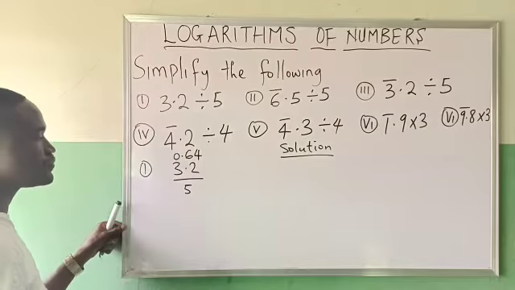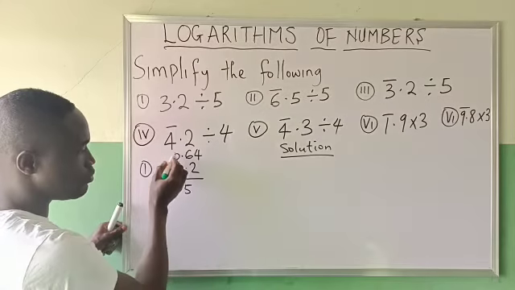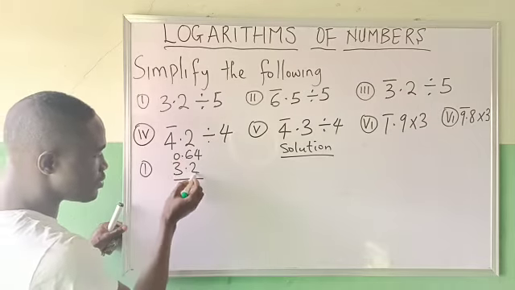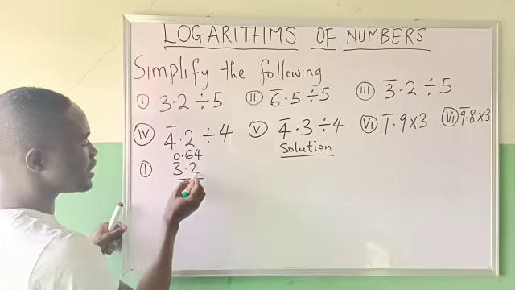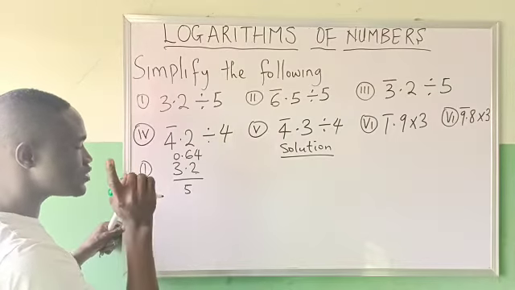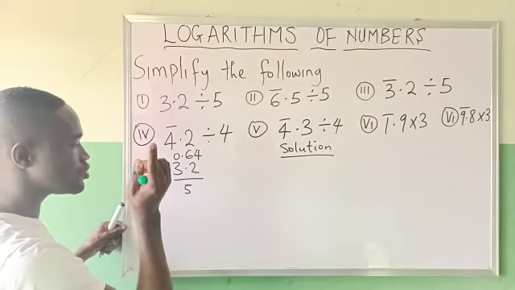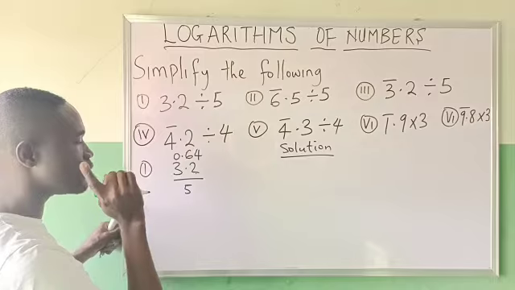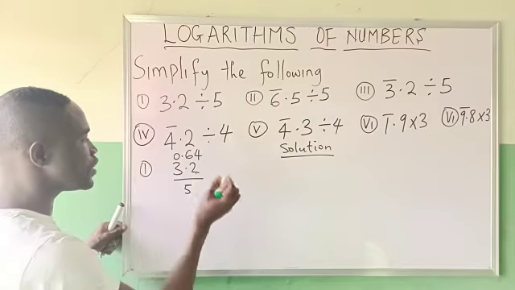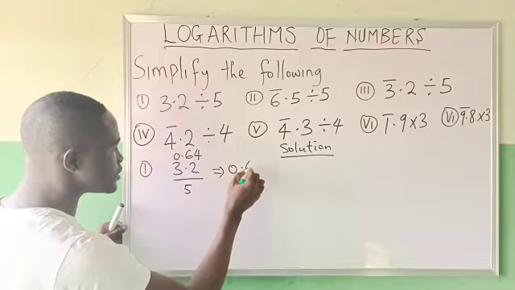I repeat, 5 divide 3, it cannot, you put 0 point, you merge these two, it becomes 32. 5 divide 32, you write 6 remainder 2. That 2, have it in your mind. 5 divide that 2, it cannot, you attach 0 to that 2, it becomes 20. 5 divide 20, 4. That means it will give you 0.64.